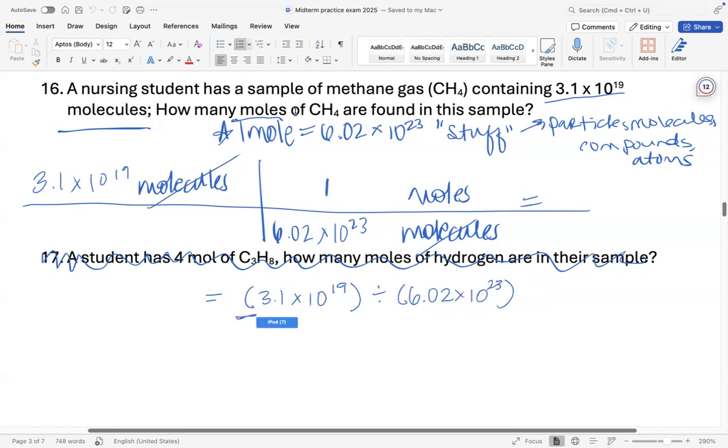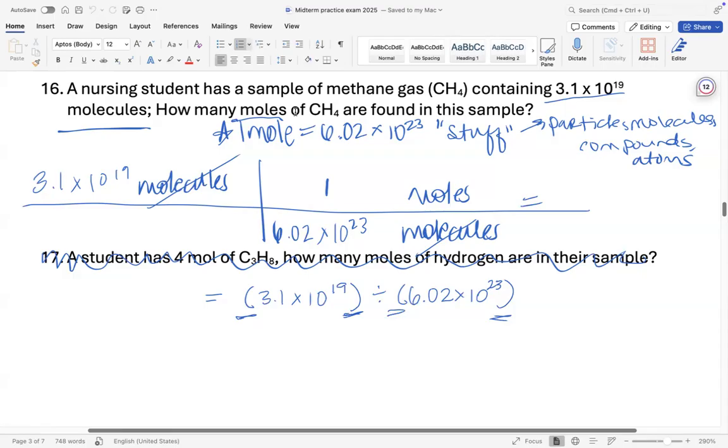You want to make sure you're using parentheses to open and close both of these numbers, or else the exponents are going to get all wonky. Without parentheses, PEMDAS is PE, exponents first, which is not the order we're trying to go here. So you want to put those parentheses on there.